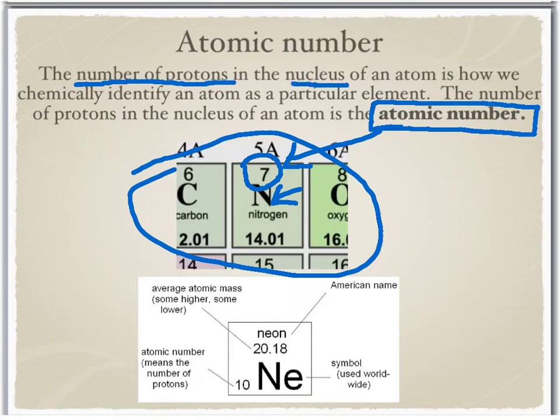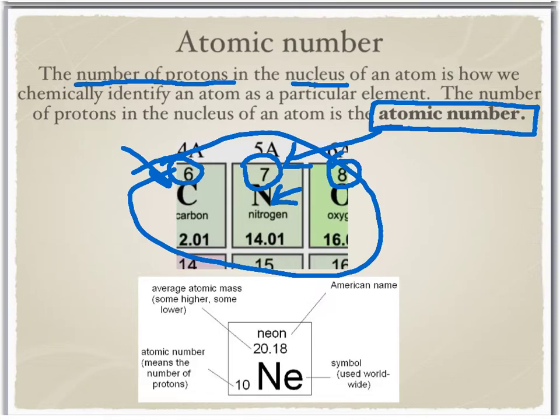That's how we identify an atom. So here you can see carbon, there's a 6 there. That means carbon is identified as having 6 protons in its nucleus. Here's oxygen. There's an 8. That means an oxygen atom is identified by having 8 protons in its nucleus. It has an atomic number of 8.